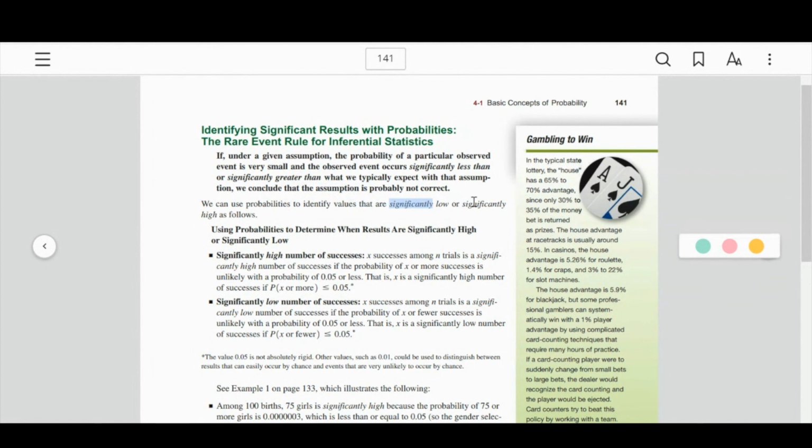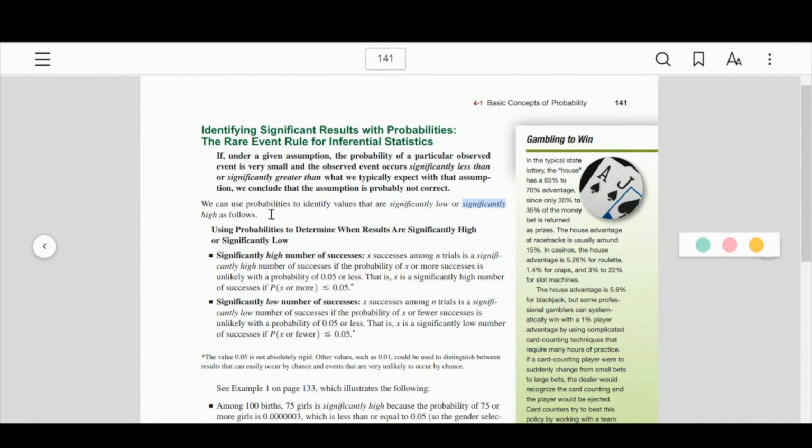So here's this idea again, significantly low, significantly high. And how do we cut it off? We cut it off at 5%. The probability of having more of those is less than 5%. So if I'm expecting all the babies to be boys, and someone says, hey, there were 10 women today who had babies, I say, oh yeah? What are the 10 boys' names?